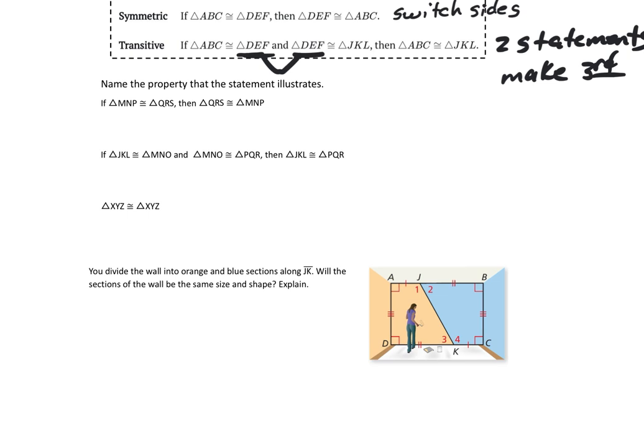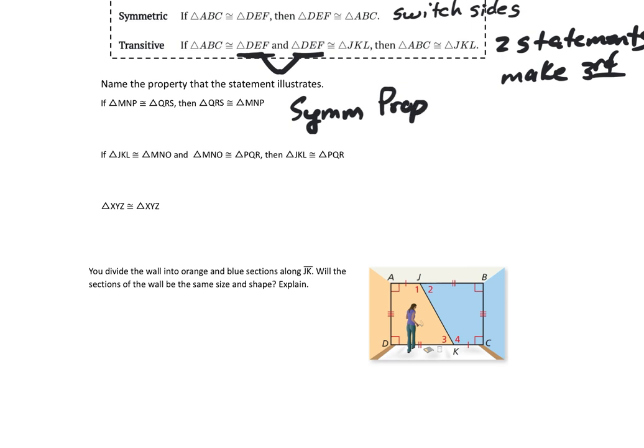Okay, as we look at these 3 statements down here, trying to decide which one is which, all you have to ask yourself is what's happening. MNP is congruent to QRS, then QRS is congruent to MNP. What did we do? What changed in the statement? They switched, okay? So when they switch sides, then that would be symmetric.